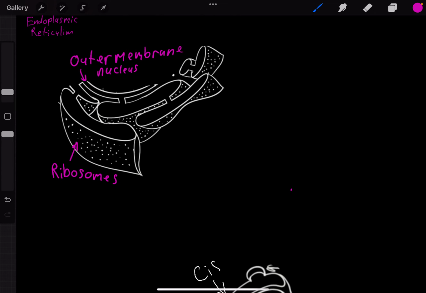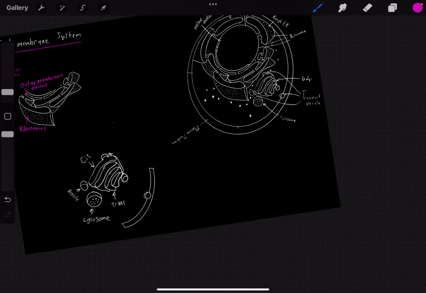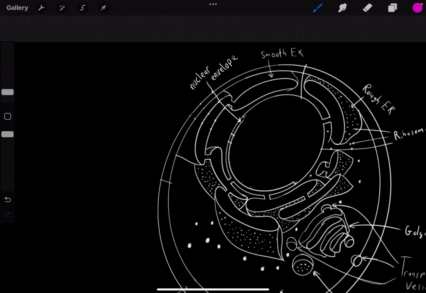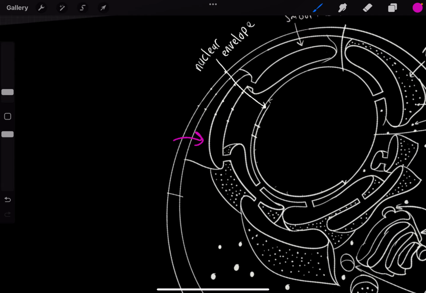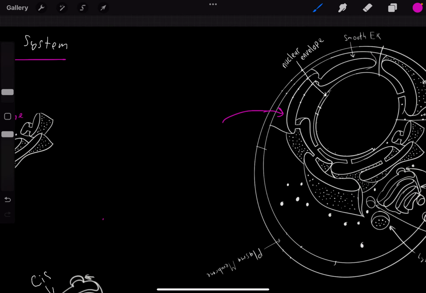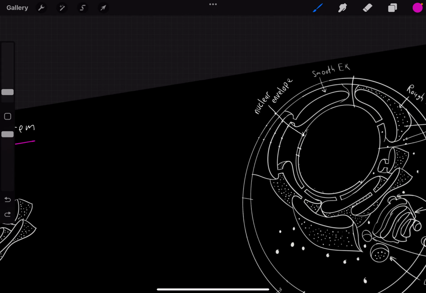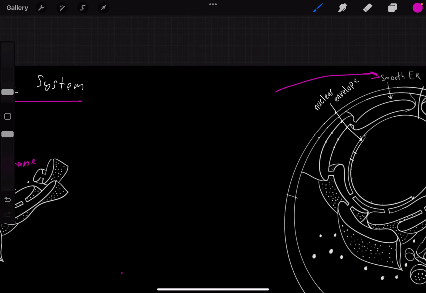First of all, we also have the smooth ER, which I'll just draw arrows from. The smooth ER has two jobs. The smooth ER synthesizes lipids because it does not have ribosomes.